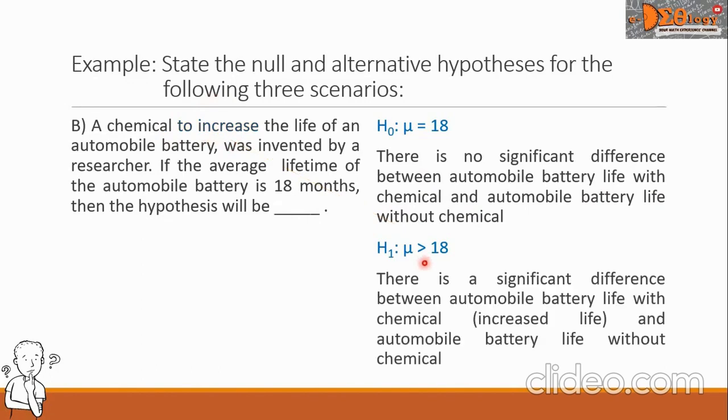In words, we write there is a significant difference between automobile battery life with chemical, and that is increased life, and automobile battery life without chemical. Take note that in alternative hypothesis, this greater than inequality denotes a right-tailed test.